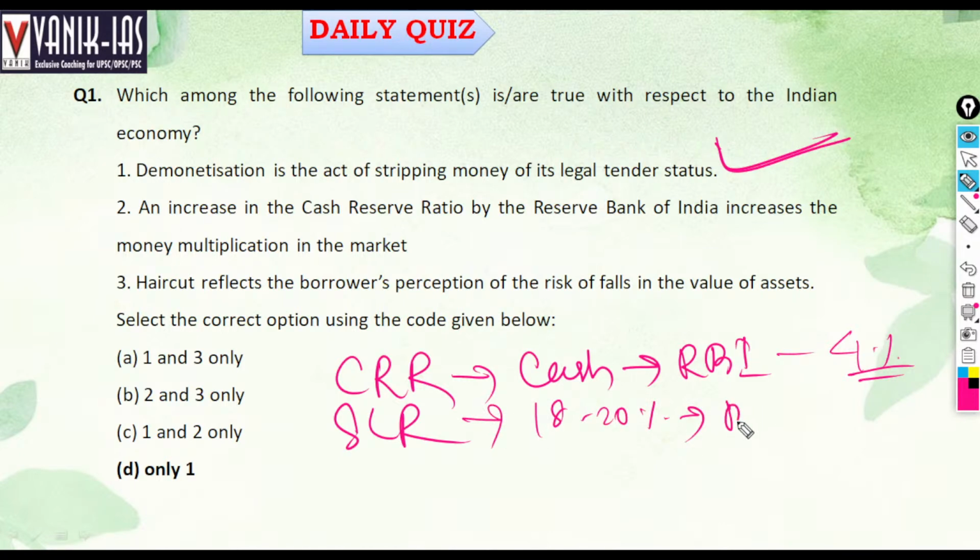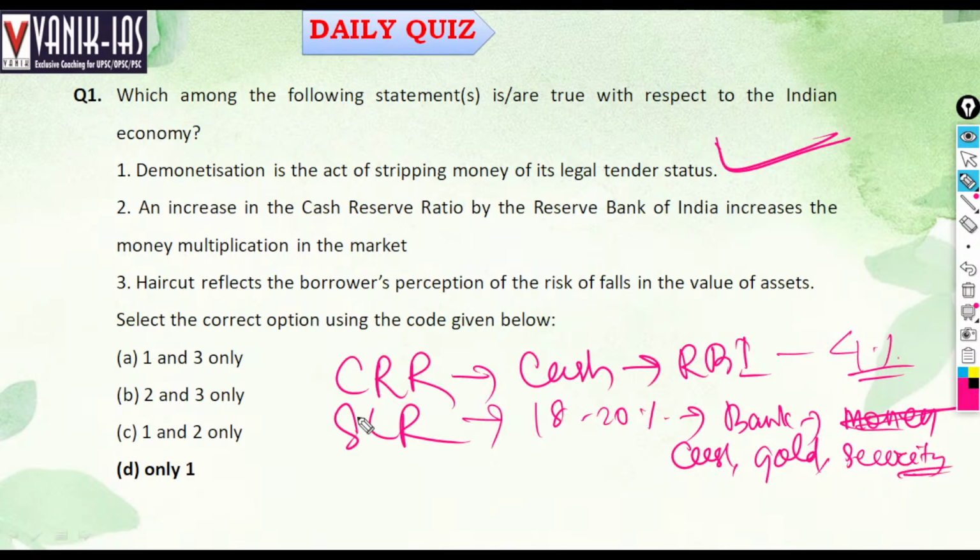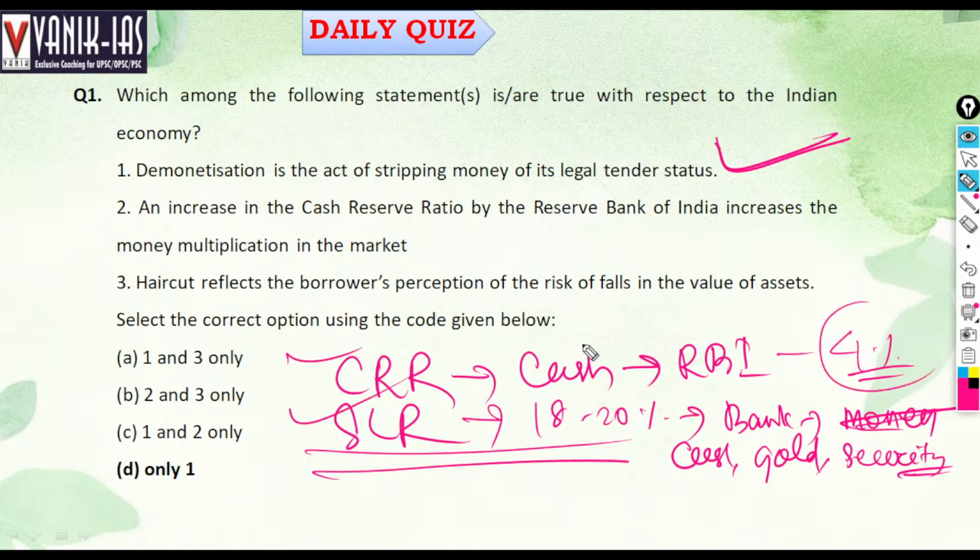Right. The bank has to keep this in the form of cash, gold, or in securities. That is SLR. This much amount of money, under SLR and CRR, cannot be lent to citizens. The bank cannot lend this money to the citizens, right?